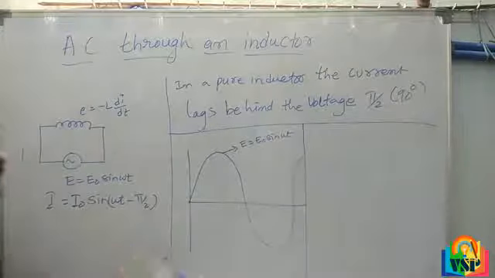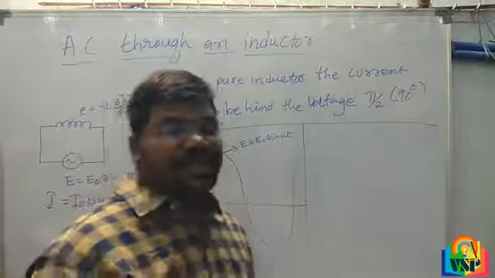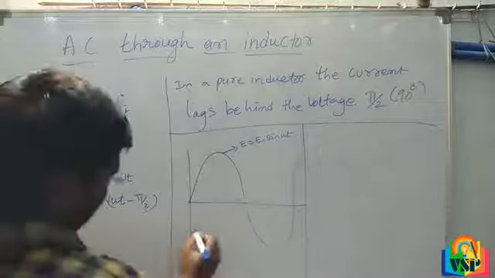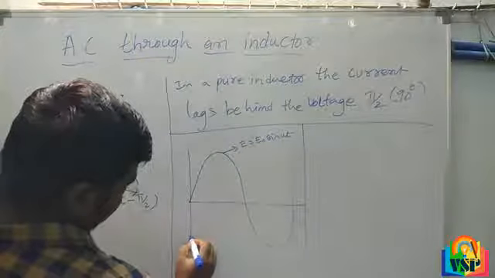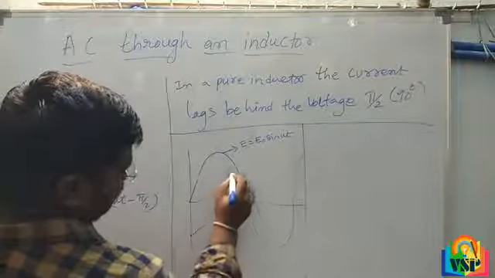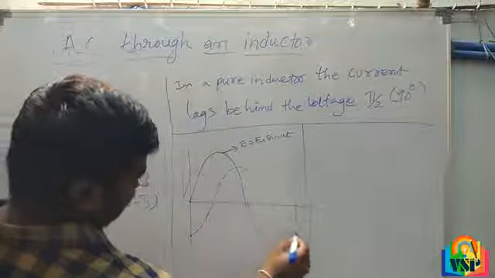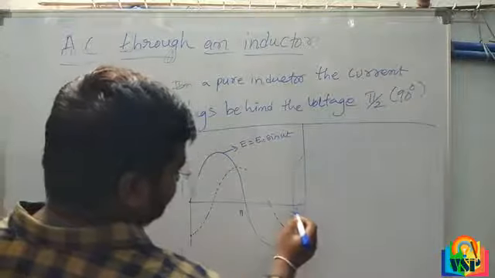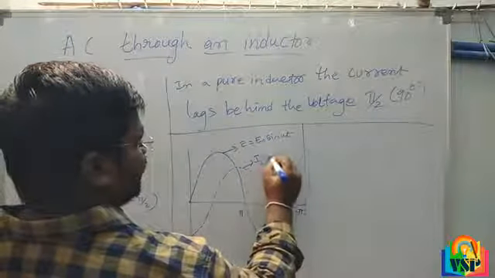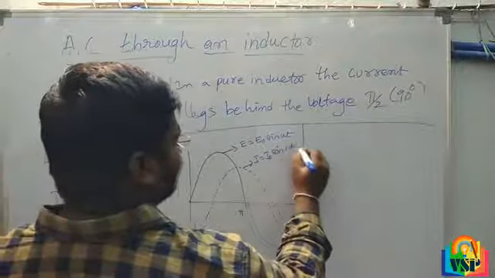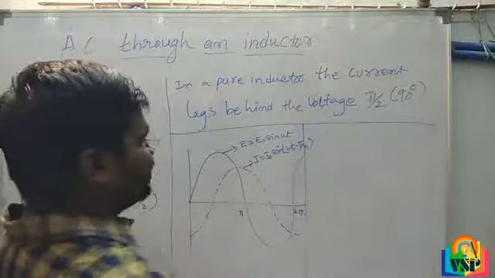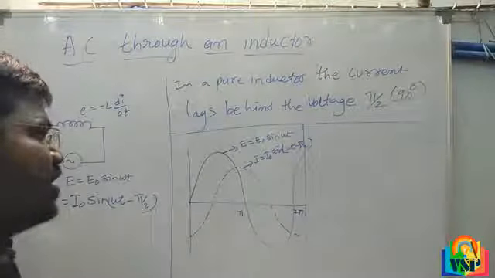The current lags behind the EMF by 90 degrees, that is pi by 2. This is current, I is equal to I naught sin omega t minus pi by 2. The dotted line indicates current.